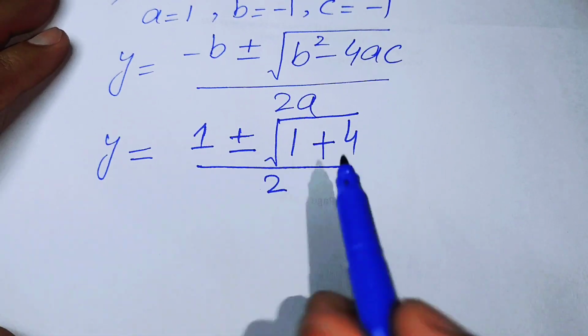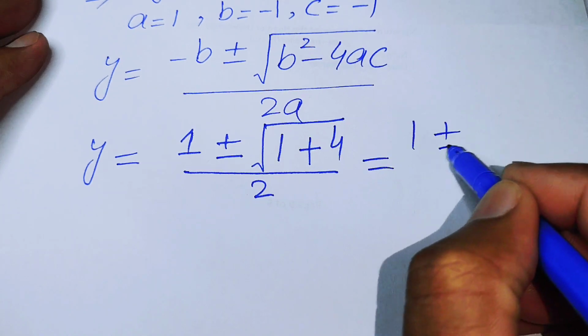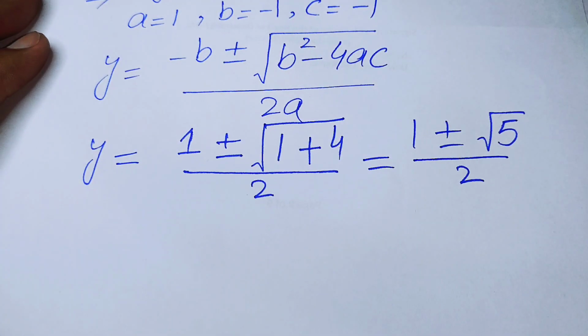So now we get 1 plus minus square root of 5 over 2.